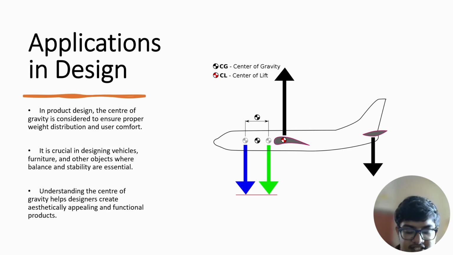Understanding the center of gravity helps designers to create aesthetic, appealing, functional or unique products, which in turn will increase the market and many other things, and will increase the comfort of humankind also.